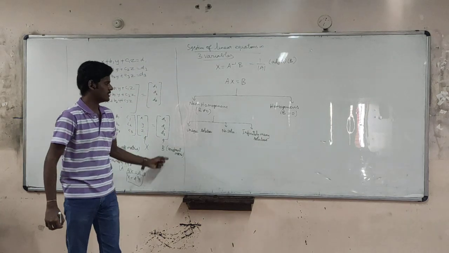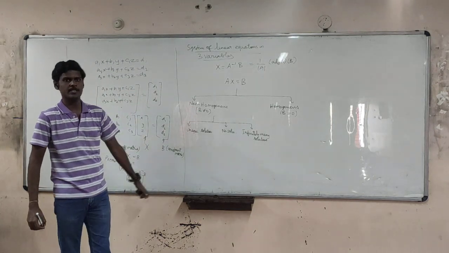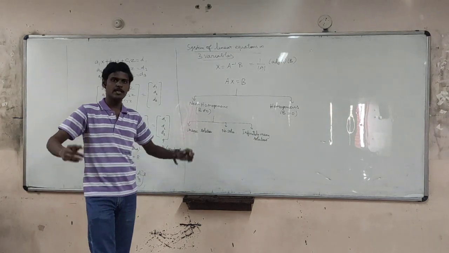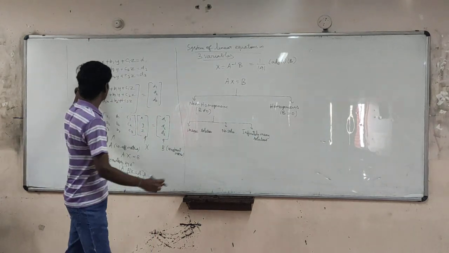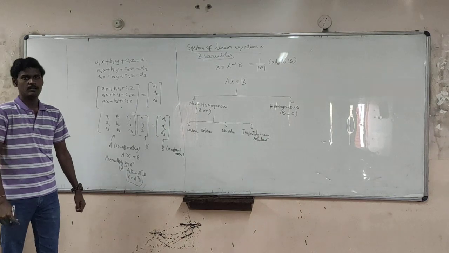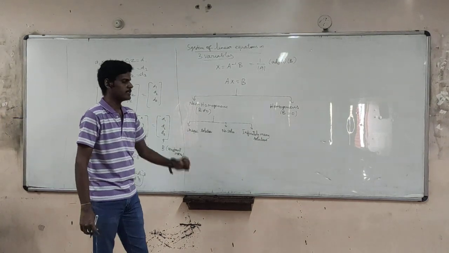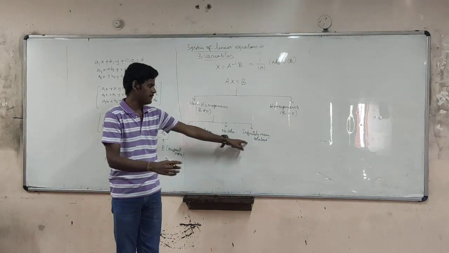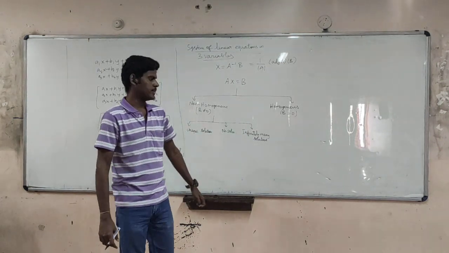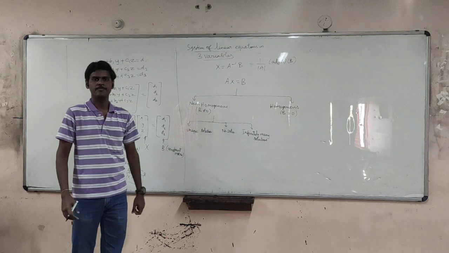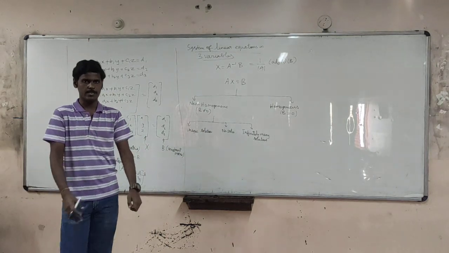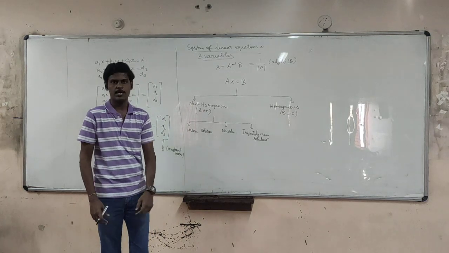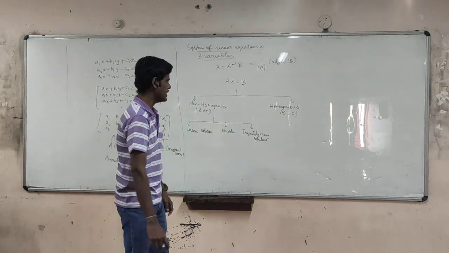These are three cases possible when the equation is non-homogeneous, because all these are equations of planes. So these planes can intersect at a unique point, or these planes can overlap. That means infinitely many solutions, or these planes do not intersect. That means parallel planes. So then the equations have no solution, right?